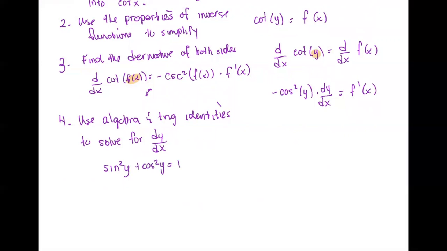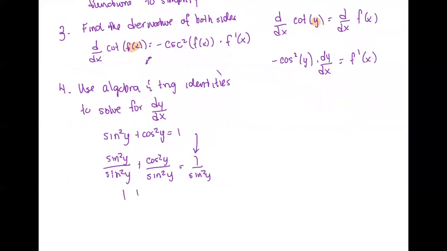If I divide every term by sine squared y, I get 1 plus cotangent squared of y equals cosecant squared of y. So here's some of the algebra. First, I divide by cosecant squared, so I get negative dy dx is equal to f prime of x over cosecant squared of y.